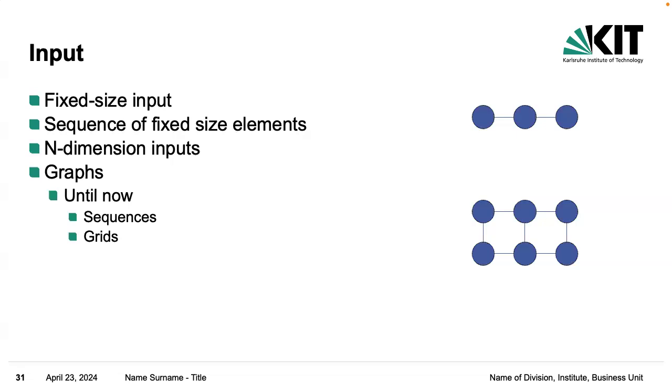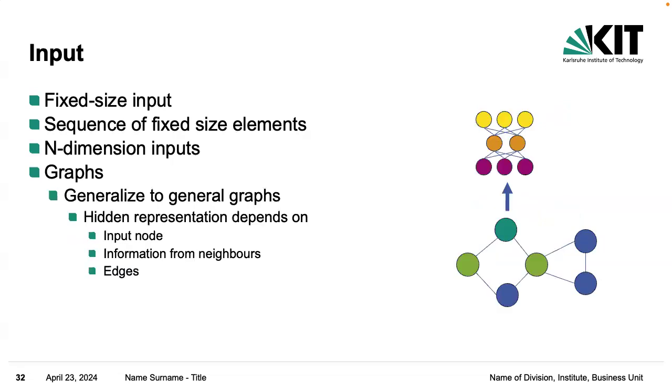These are two specific graphs, and we have dedicated architectures to address exactly these types of graph structures. But of course, you are able to extend this to any type of graph. So it looks like you have this general graph, and as input you put in your current node and some information from your neighboring nodes.